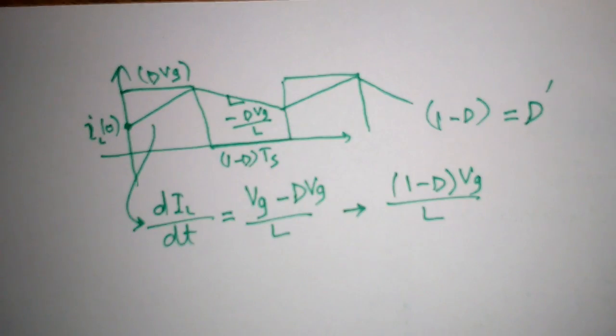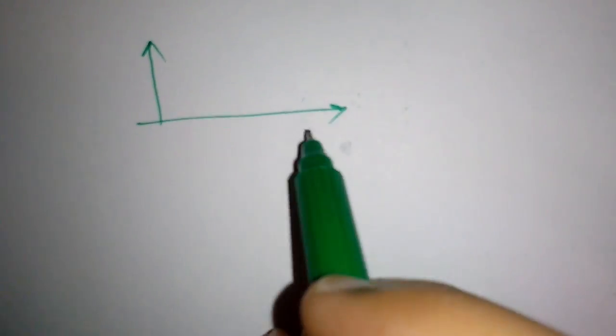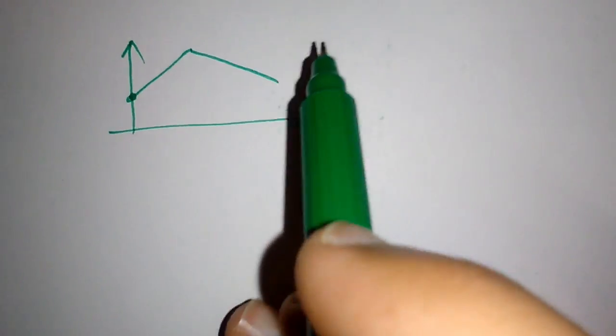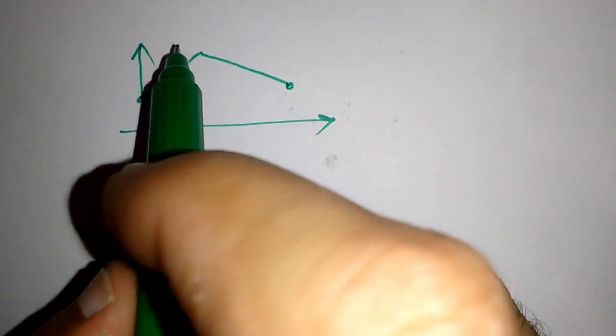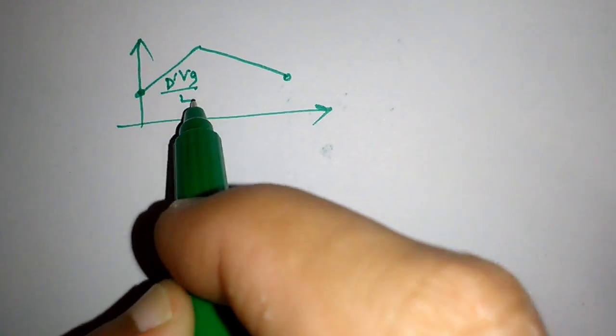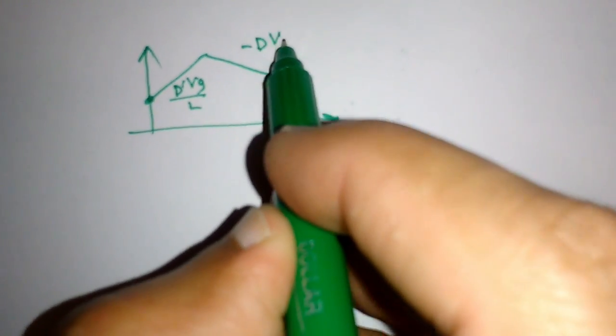So we see that the inductor current is changing in this fashion. Its rising slope is equal to d prime Vg over L, and its falling slope is equal to minus dVg over L.